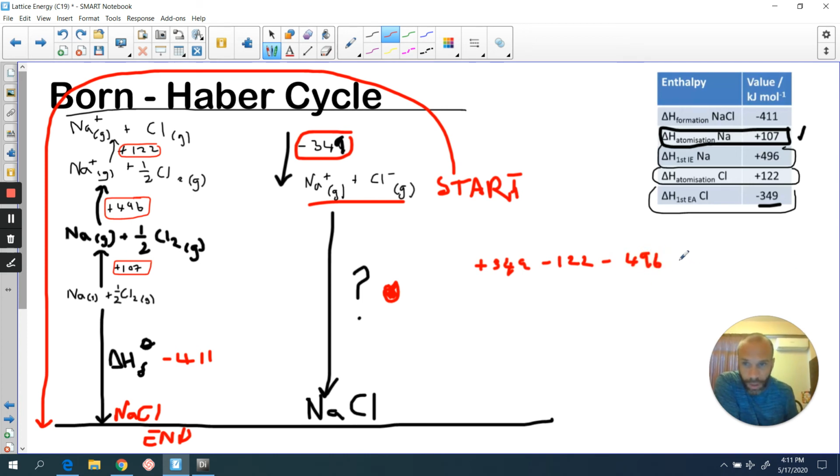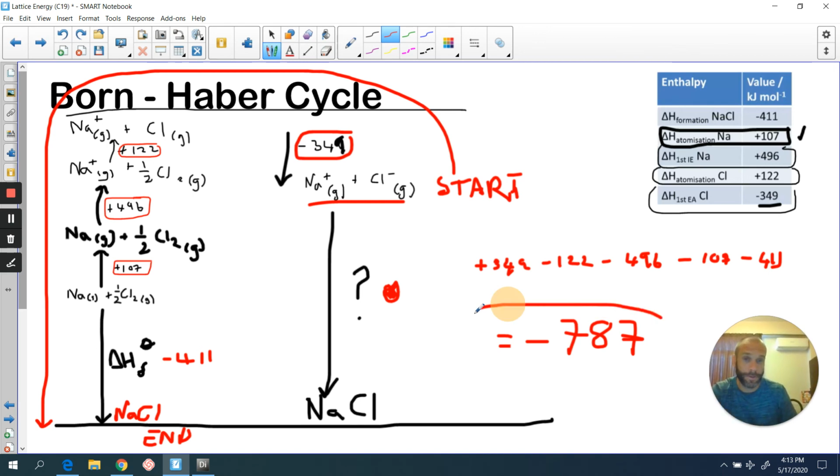This should be minus 107. And this one we're going with the arrow, so that's going to stay as a minus, minus 411. So there you have it. You add up all those values, and you're going to come up with a value of minus 787. Ask yourself, does that make sense? Well, it should, because it's an exothermic process. So you've got that calculation correct, and that's how you do it.